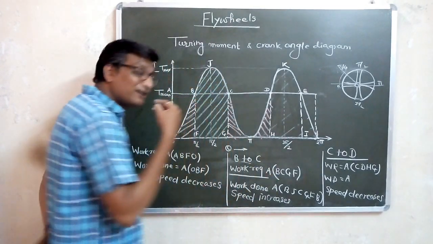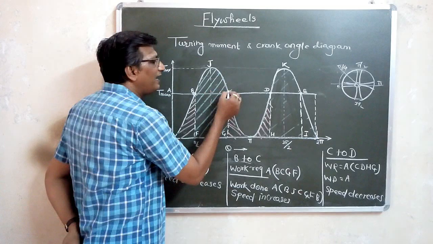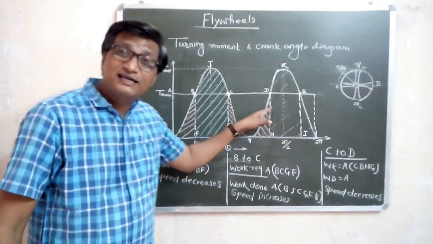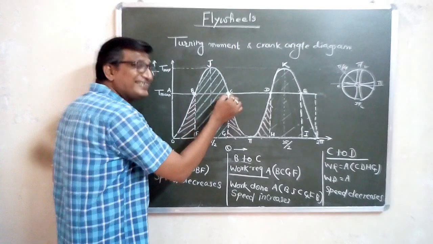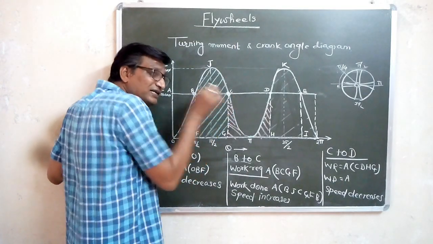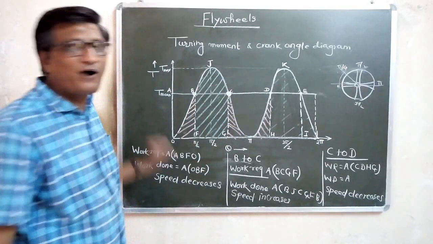Now if you see certain points, you say from B, its speed starts increasing, and at point C, its speed starts decreasing. That means B to C it is increasing. From C it starts decreasing. That means what? C is the maximum speed point.